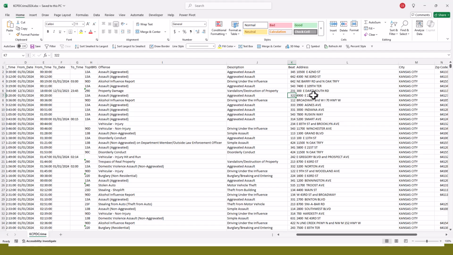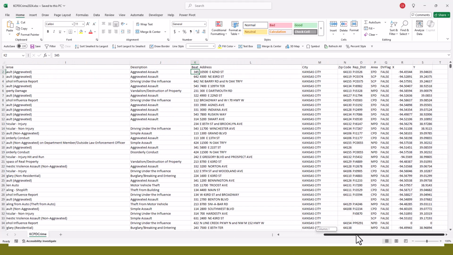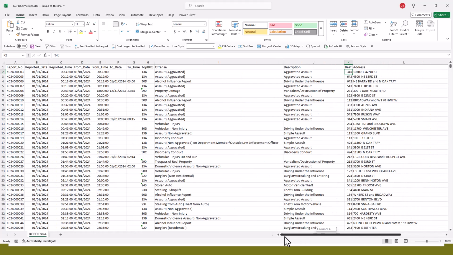So just because something looks like a number doesn't mean it actually is. A beat here is really nominal data. So is the IBR code, I think, for the offenses. Zip codes, even though they're numbers, are just nominal data. So lots of nominal data, lots of categorical data on here.